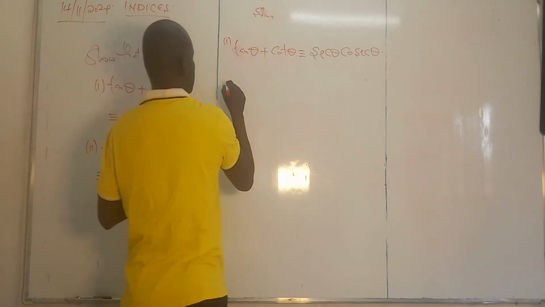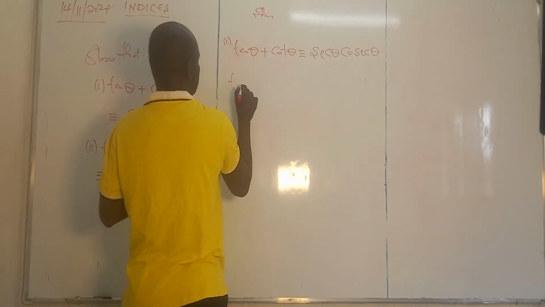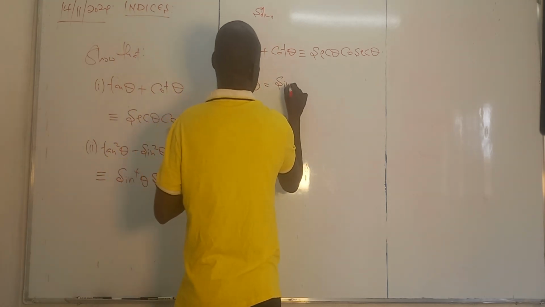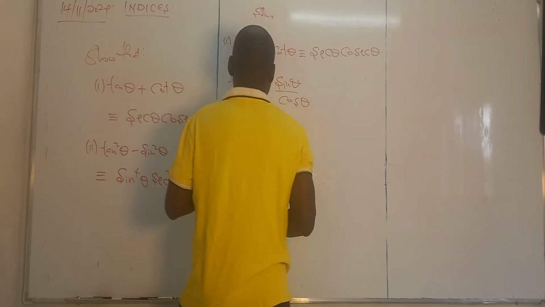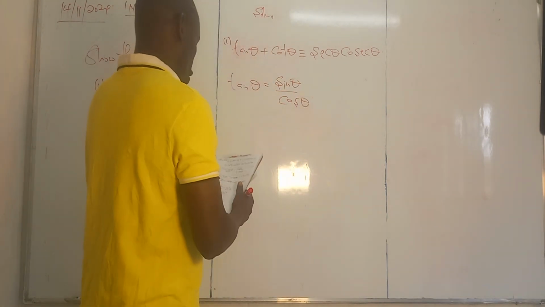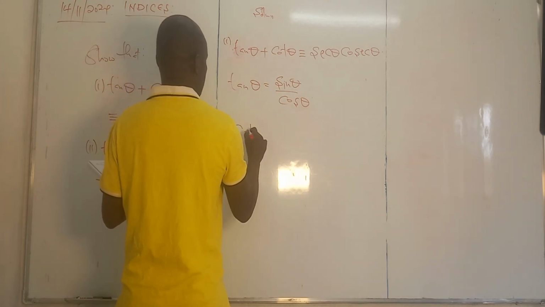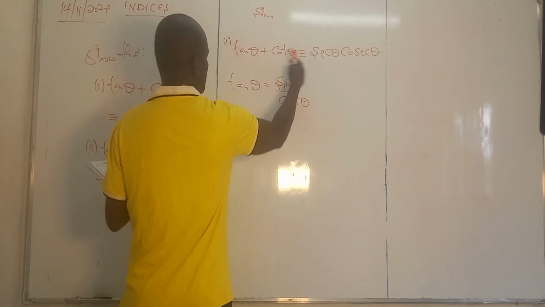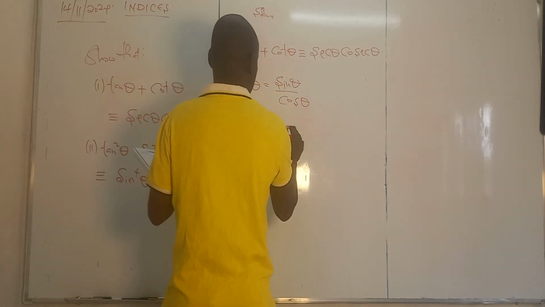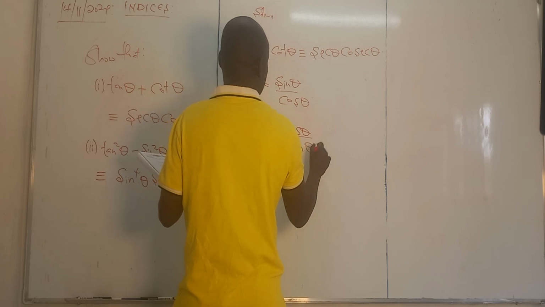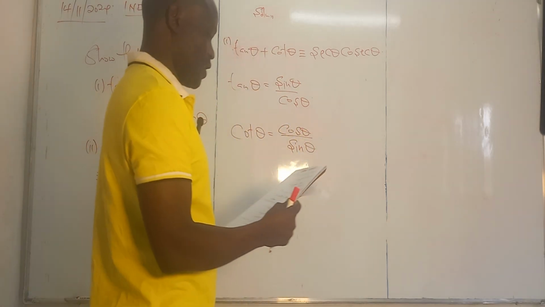So we start by saying tan theta is sin of theta over cos of theta. That's what we have. And cot theta is actually the reciprocal of this, which will now be cos of theta divided by sin of theta.